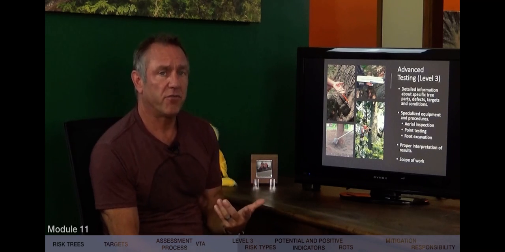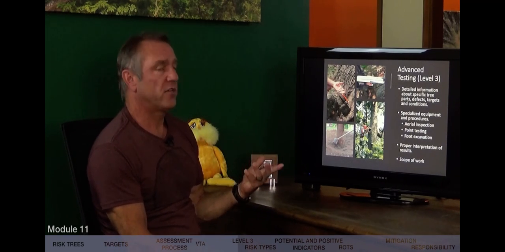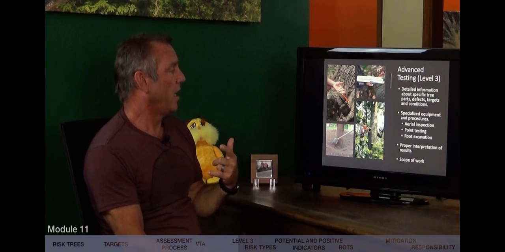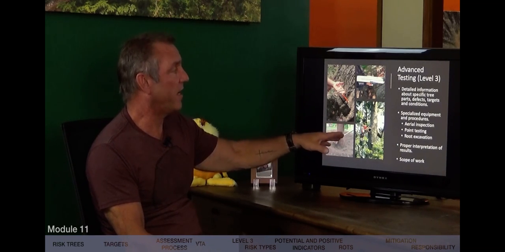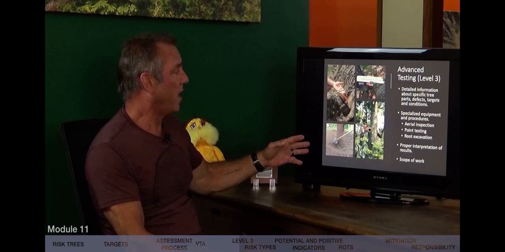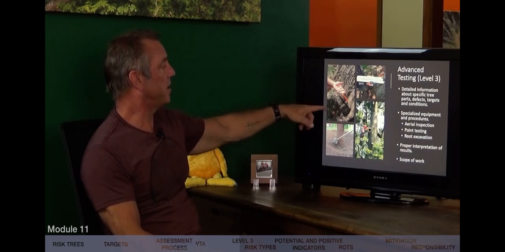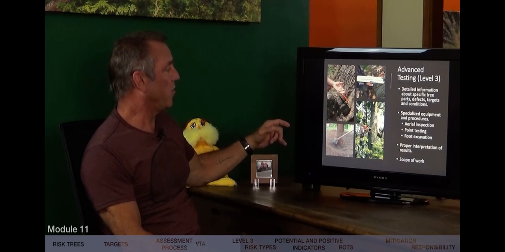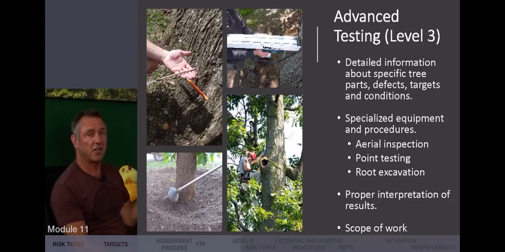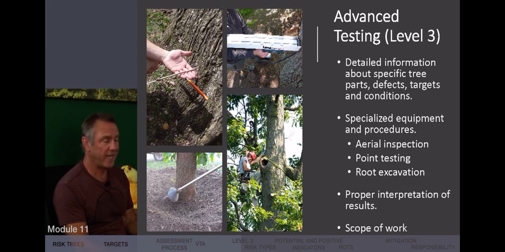Advanced testing or level 3 assessments often involve specialized equipment and procedures. For example, it may require an aerial inspection to look at a specific area of concern or a defect, or point testing, which is the use of an increment bore or a resistance drill, or it could be root excavation to take a look at the root system to see if there's any decay or perhaps root collar damage.